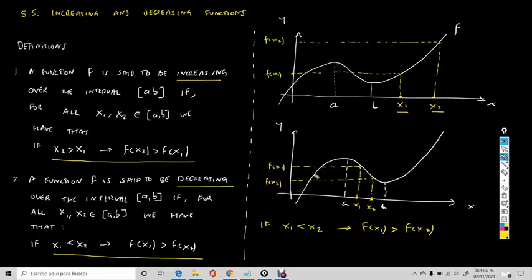You see, f of x1 is greater than f of x2. So this is what it means to be a decreasing function over the interval a to b. If you pick any two numbers in this place in such a way that one is greater than the other, then the function evaluated in the greater number has to be less than the function evaluated in the lesser number. You see, it's very simple to understand. The concept is simpler to understand than the definition, but once you understand the concept, the definition comes very natural. Okay, fine.